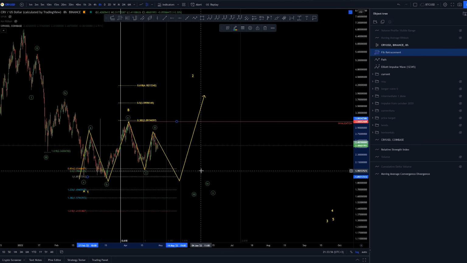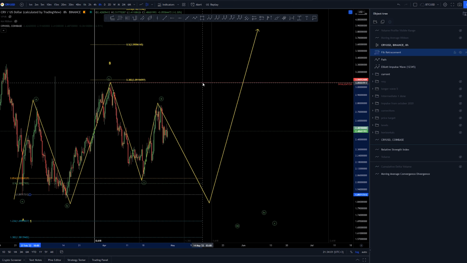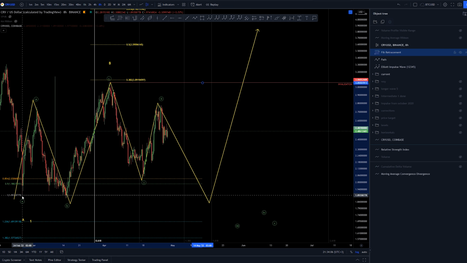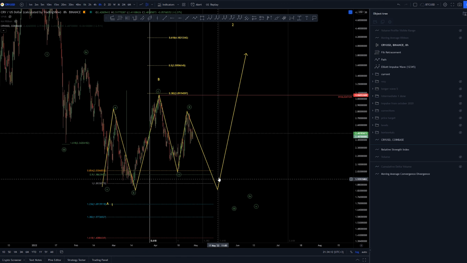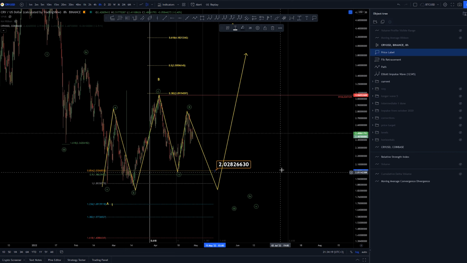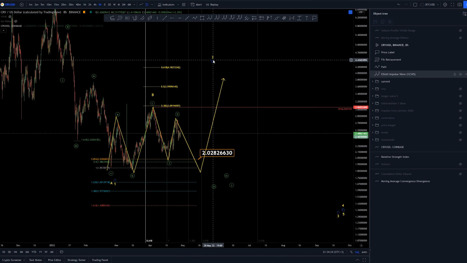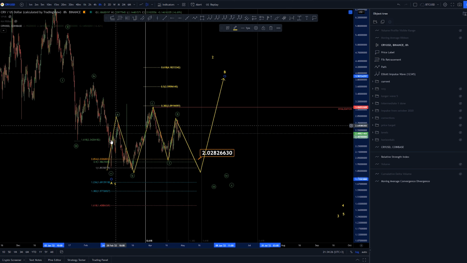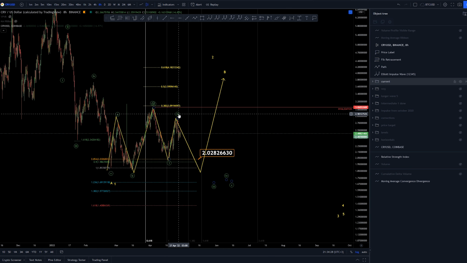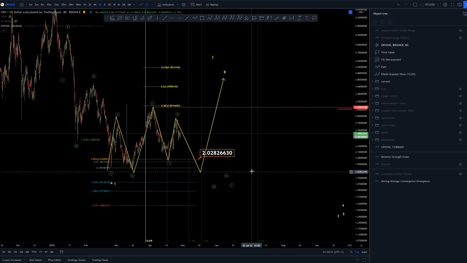Let's actually see if that is already possible, because it looks like we are really close to it. Nope, not yet. So actually I would be looking at this like so. So we need to come down to the $2.02 area before we are going to be launching up for wave 2 or wave B, if this structure is to play out and not the 1, 2, 3, 4, 5 downwards.